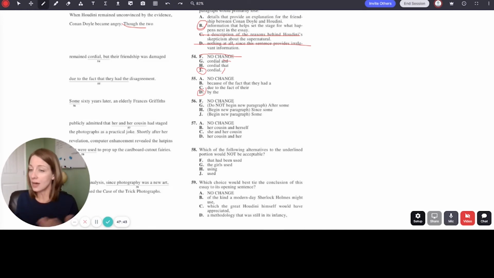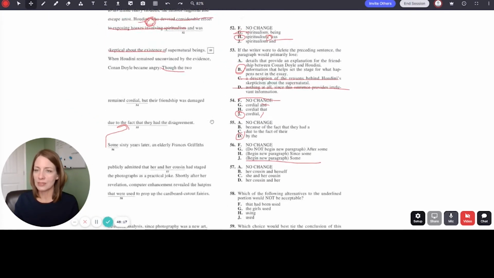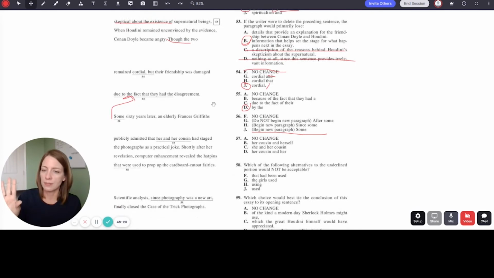56. "Some 60 years later," okay, "after some 60 years later," "since some 60 years later," and then are you going to begin a new paragraph? "Some 60 years later." Okay, so there's one where you're beginning a new paragraph, and there's one where you're tagging it on, keeping it here. That word "some" makes me think that it's a transition, so it needs a new paragraph, just off the top of my head. But let's see what's going on. So their relationship is damaged.